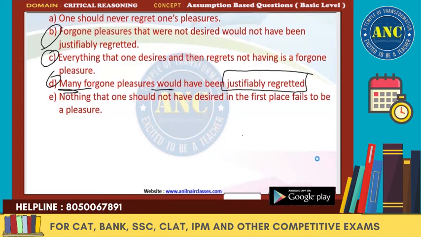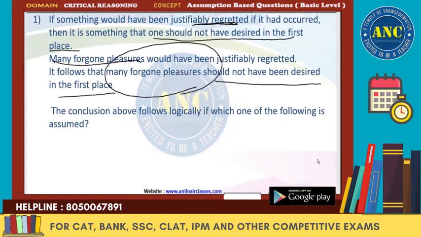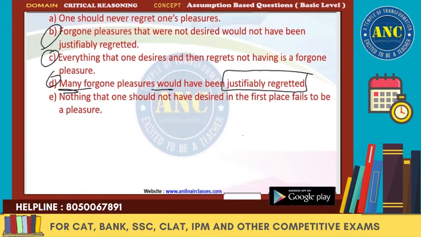That many foregone pleasures should not have been desired in the very first place, and hence it is clear that there is a missing link here, which is regretted, right? Hence, option D is the option that conveys this link very well, and that is the answer.